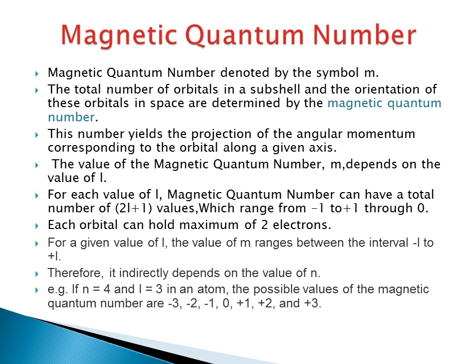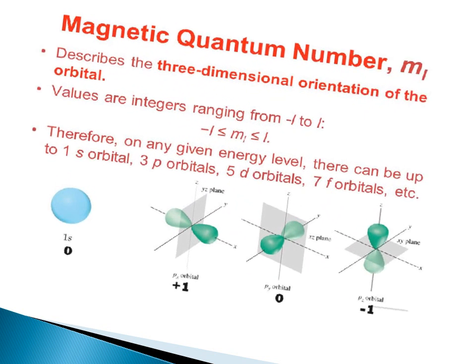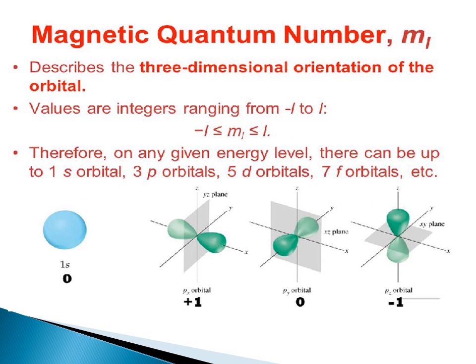That is equal to 2 into l plus 1. Already l is equal to what? 3. 2 into 3, that is equal to 6. 6 plus 1, 7. Therefore, 7 magnetic quantum number values that are equal to -3, -2, -1, 0, +1, +2 and +3. Okay.